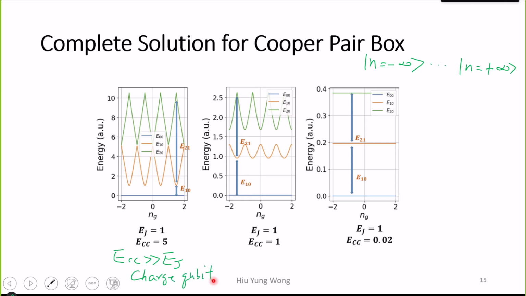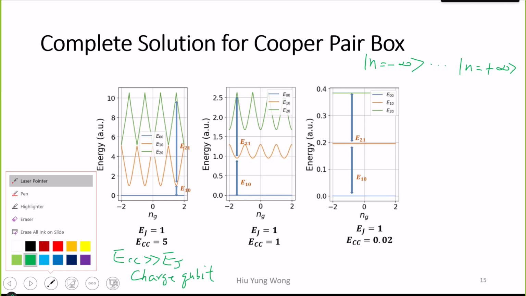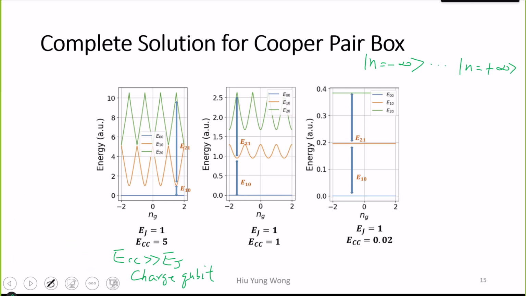And needless to say, right, when the charge Ng changes, when it is half, you have a certain energy. But the point is, if I change this a little bit, for example, the charge, let's say it changed from... it's difficult to do.